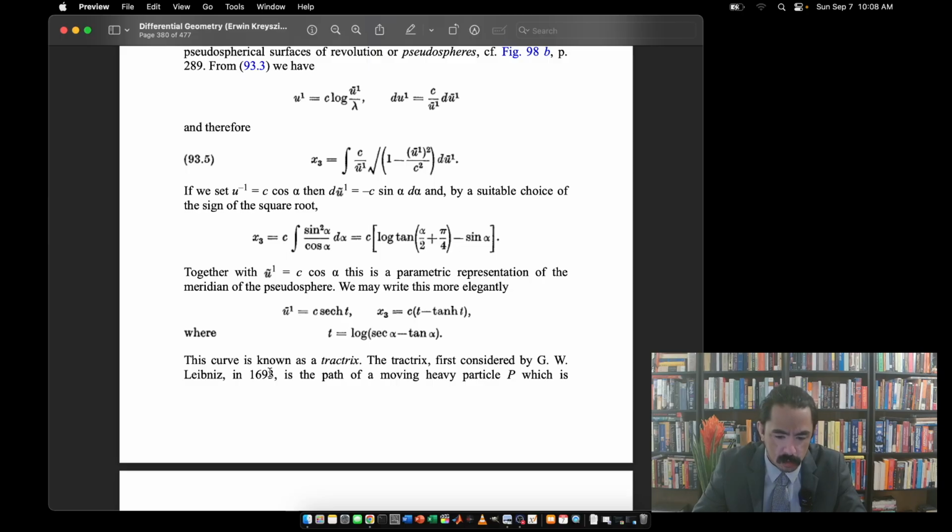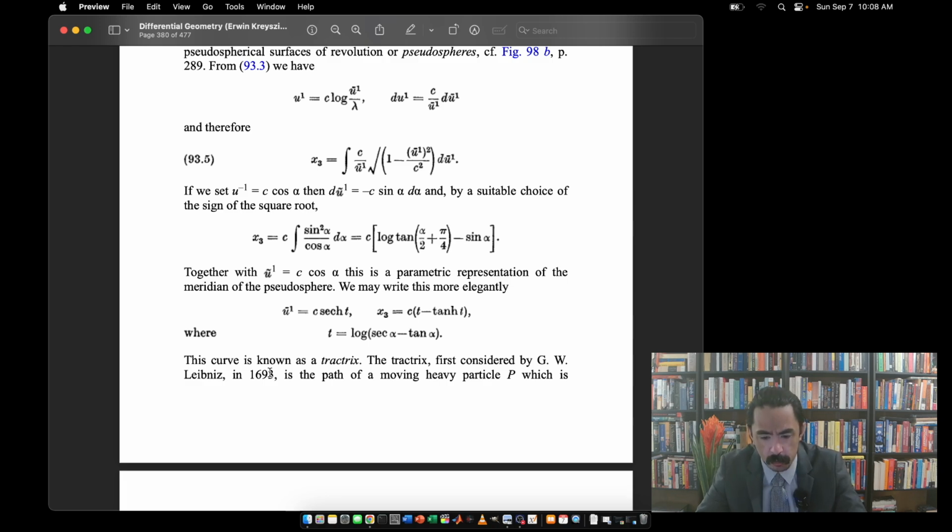This resolves to lowercase c times the quantity: the logarithm of the tangent of the quantity alpha over 2 plus pi over 4, minus sine alpha. Together with u1 bar equal to lowercase c times cosine of alpha, this is a parametric representation of the meridian of the pseudosphere.